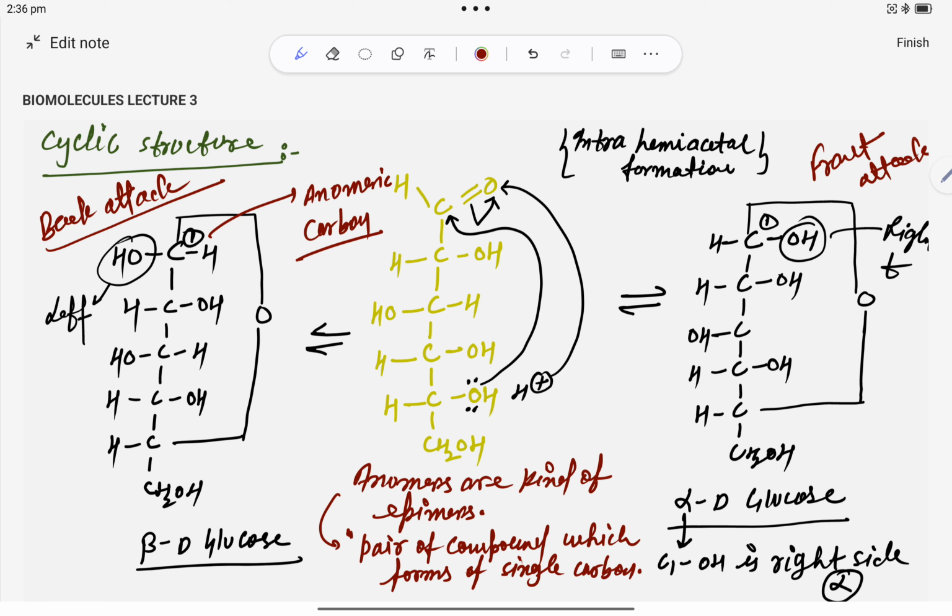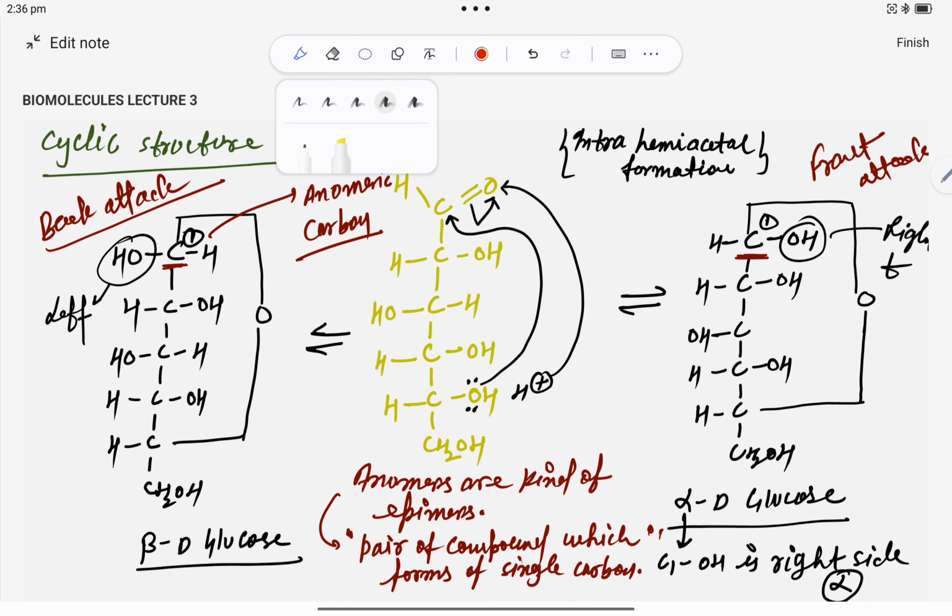So you can see that alpha D glucose and beta D glucose differ at carbon number 1 only. That is why alpha D glucose and beta D glucose are called anomers, and carbon number 1 is called anomeric carbon.